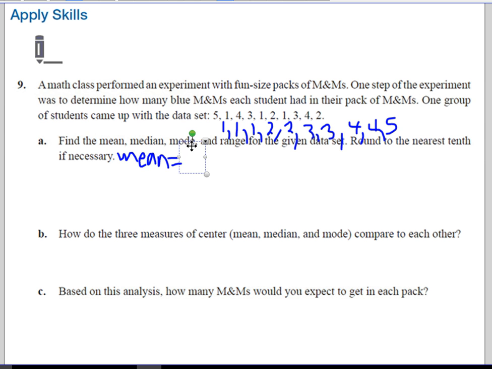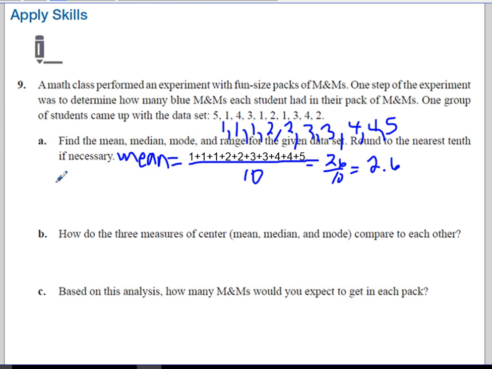So we'll have 1 plus 1 plus 1 plus 2 plus 2 plus 3 plus 3 plus 4 plus 4 plus 5. And then we're going to take that and divide that answer by 10. If we add all those numbers up, we get 26. Divide by 10. And so we get 2.6 for the mean.